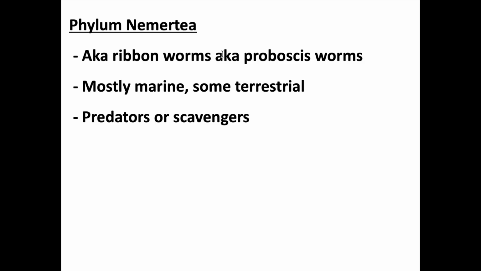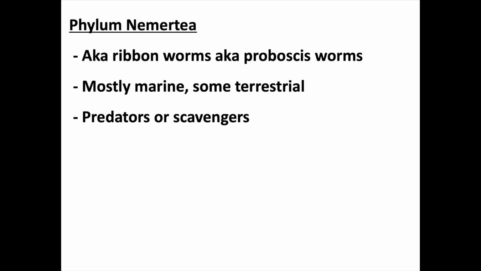These ribbon worms, also known as proboscis worms, can be predators or they can be scavengers. So these are, again, not your common earthworm. They do something that no other worm does.